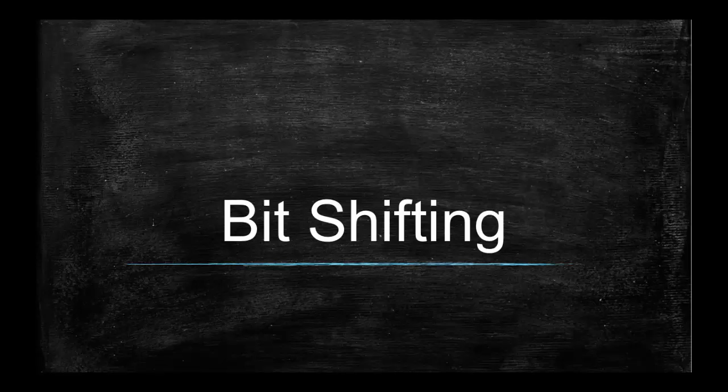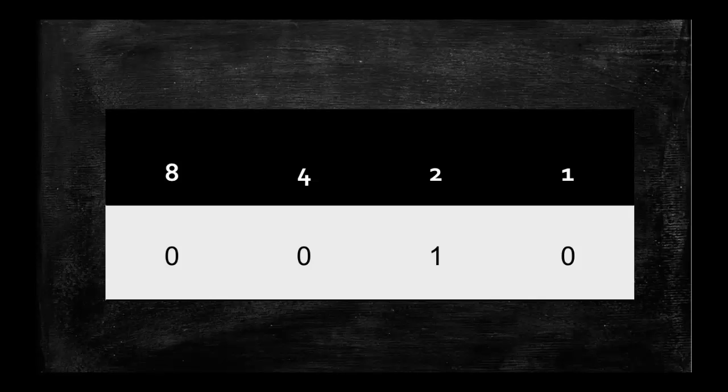To see how this would work, let's look at the binary equivalent of the decimal number 2. As you can see here, the binary equivalent of the decimal number 2 is simply a 1 in the 2's place. Now, to multiply, we're always shifting the bits left. So if we're multiplying 2 by 4, which is 2 to the second power, we're going to shift that bit 2 places to the left to bring it to 8.